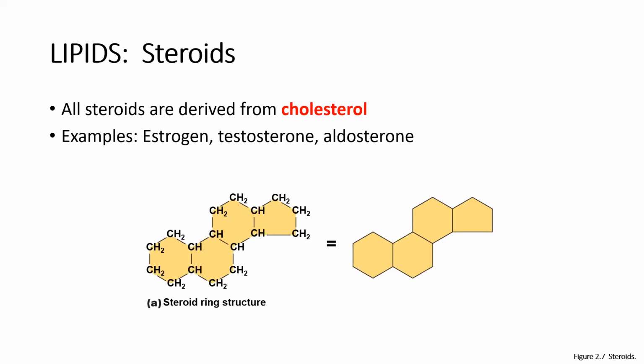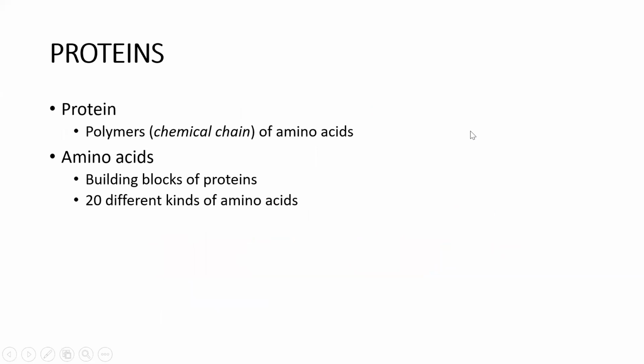Most of our endocrine hormones are actually either cholesterol derived or fatty acid derived, but they're usually steroids in terms of their makeup. So these are also important in terms of reproduction and endocrine function, as you would imagine. And this is our fifth class of lipids, okay? All right.